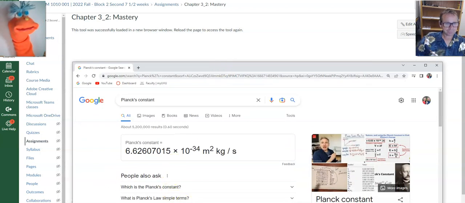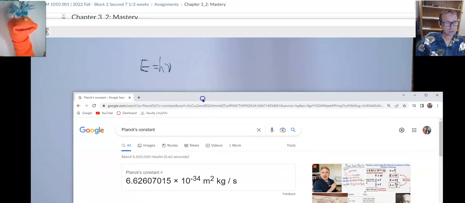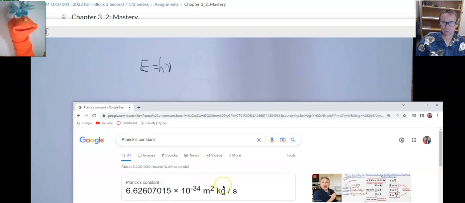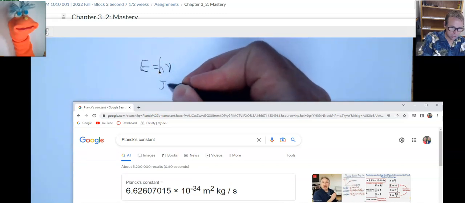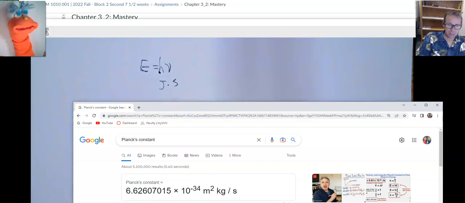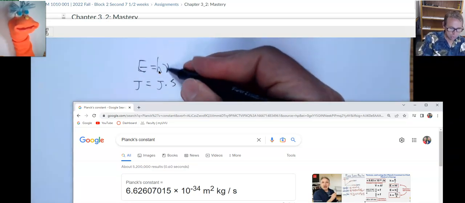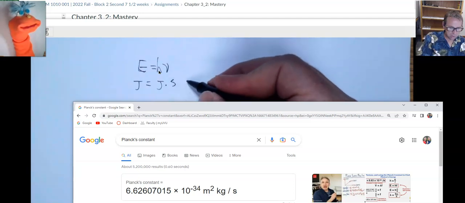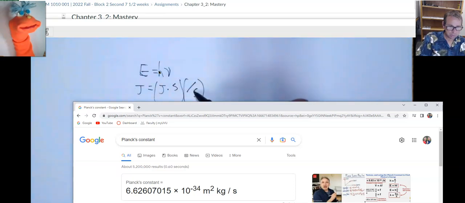Okay. Sorry, the units for Planck's constant are joule seconds. So the units for energy are joules. The units for frequency are per second. We just talked about that.